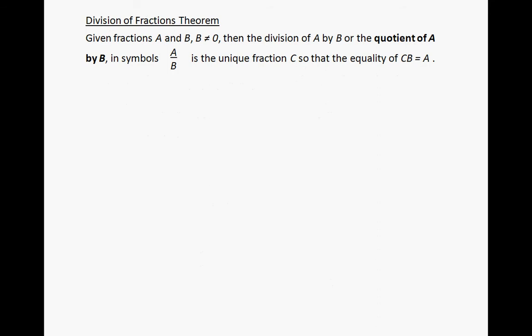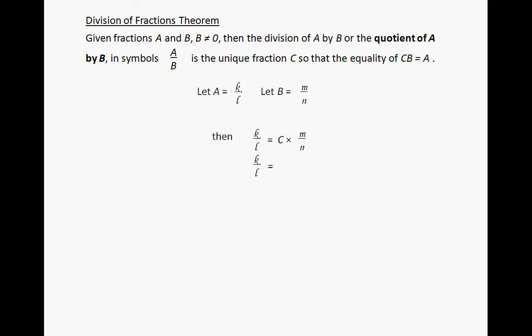Alright, so let's take a look at this division of fractions theorem. I put it up here so we can refer to it. Let's say that we're going to let the fraction a be called k over l, and we're going to let the fraction b be called m over n. If that's the case, then k over l is equal to c times m over n, and that is true based on what we did on the previous screen.